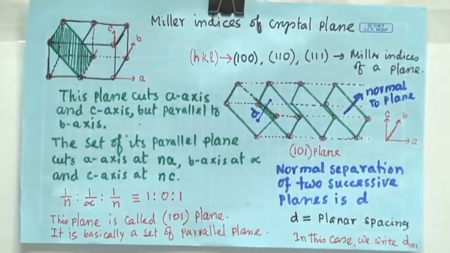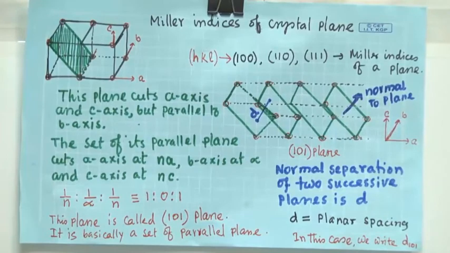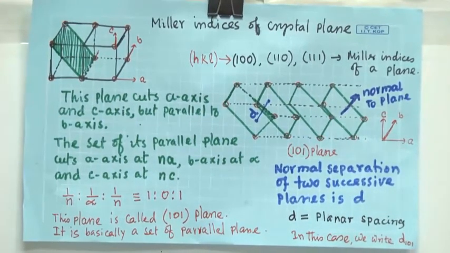Now, in a crystal these lattice points are arranged. There you can choose a plane, and now how do we name these planes?